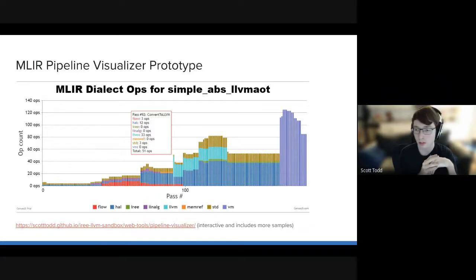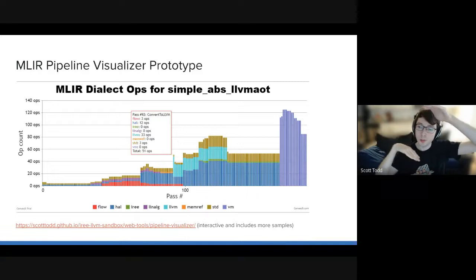It's a chart driven by some JSON data. This particular data is from Erie compiling a simple function that just computes the absolute value of a floating point number. You can think of it as if you do a print IR after all for a run of a compiler tool, you get the IR after all those passes in a big text file.